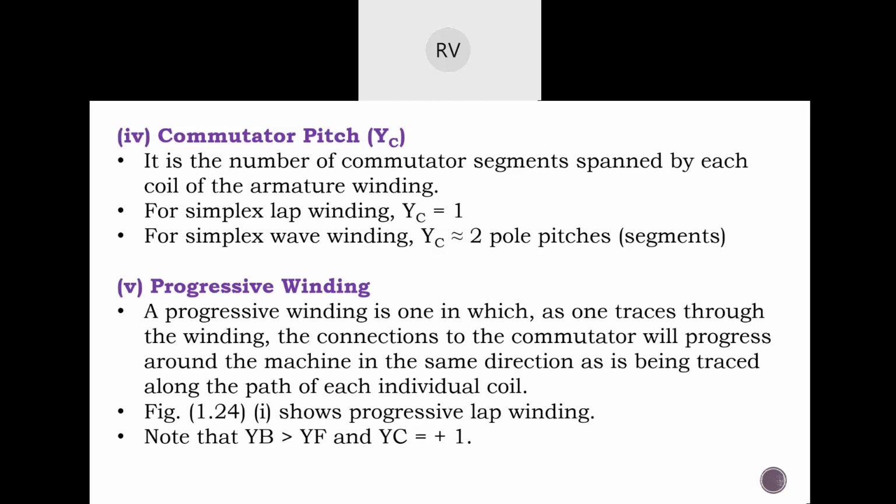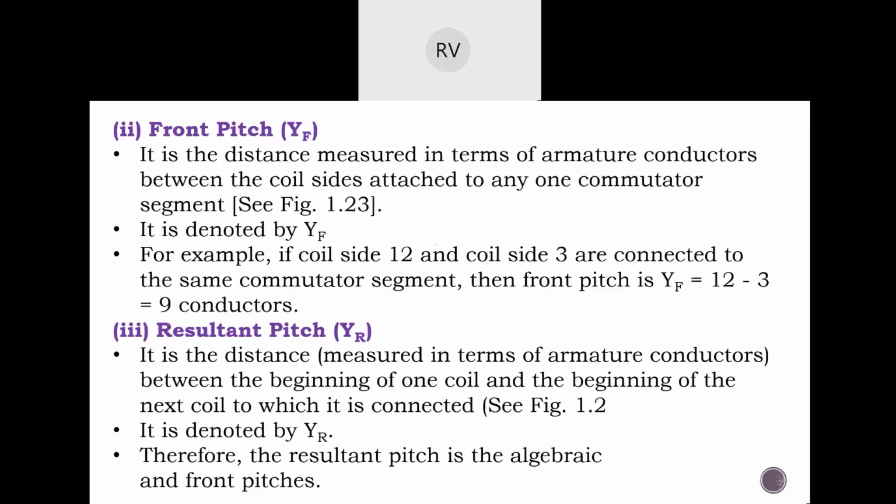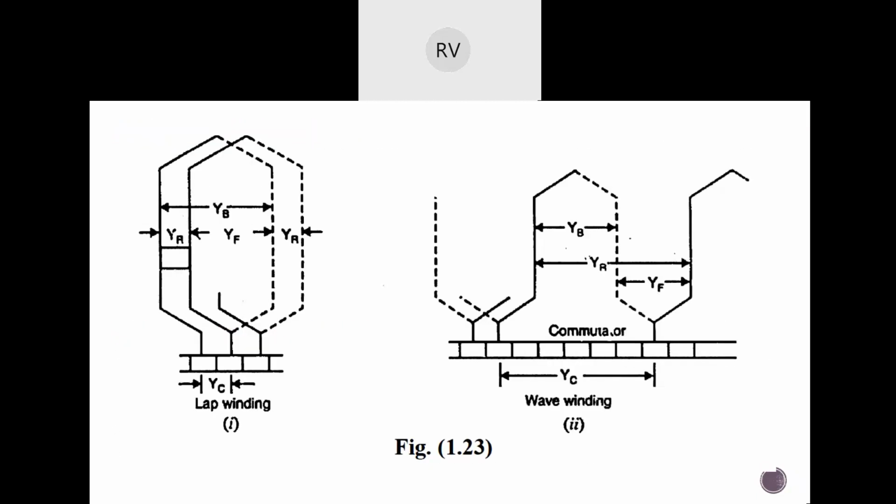So for lap winding, the commutator pitch is equal to 1, just 1. How is that? Let us see. We are taking lap winding: the first coil side and the second coil side of one coil are just connected to adjacent commutator segments.